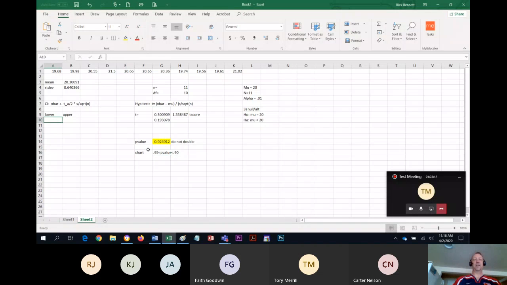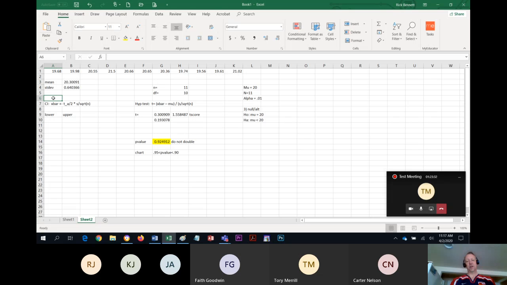Let's go back to our confidence interval for a moment. How do we calculate our confidence interval? It's going to be x bar minus, if we're doing a 95% confidence interval, actually, what's my alpha? My alpha is 0.01. What should my confidence interval be? A 99% confidence interval.